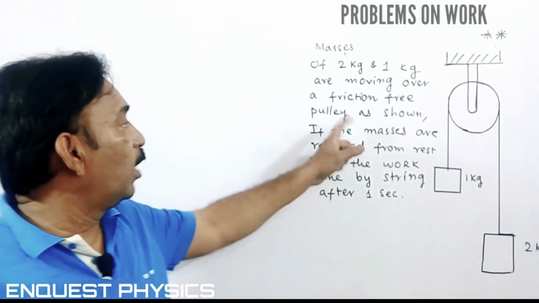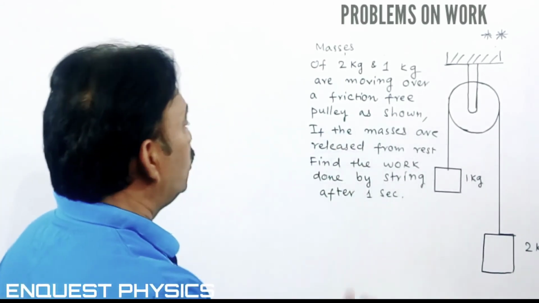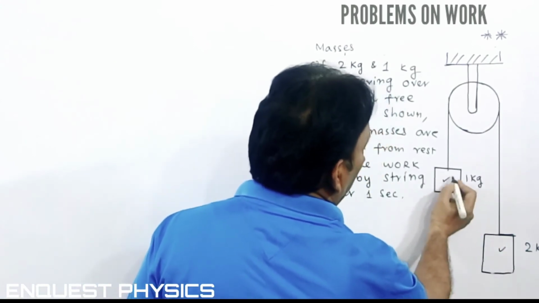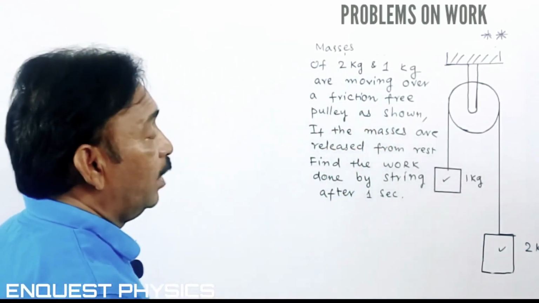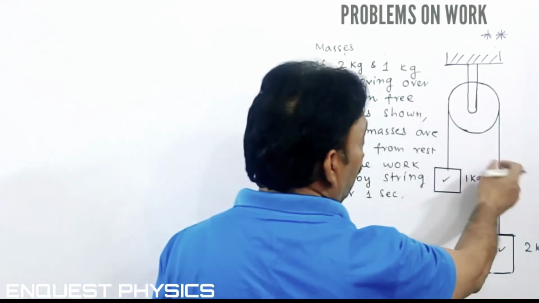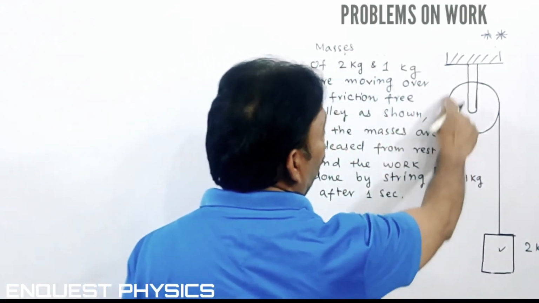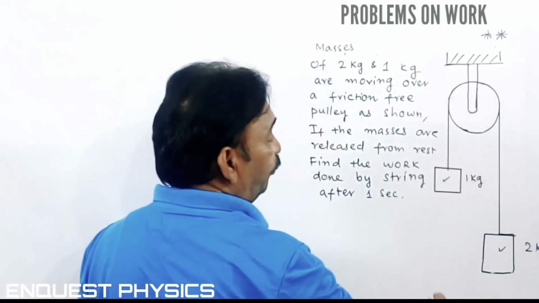Let's solve one more problem, students. In this problem, two masses are given, 2 kg and 1 kg, suspended by a string. The string is moving over a frictionless pulley.